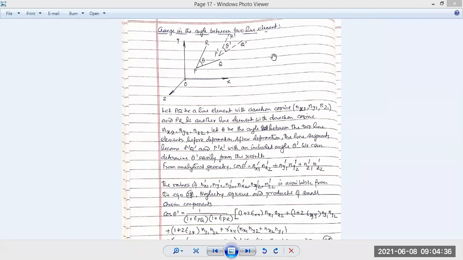And PR is another line with direction cosines nx2, ny2, and nz2. So this is PQ, this is PR.